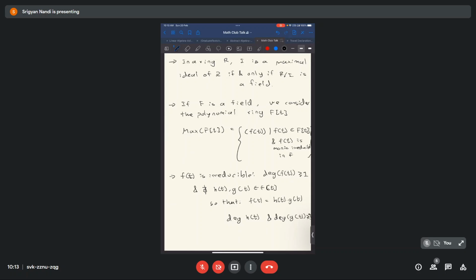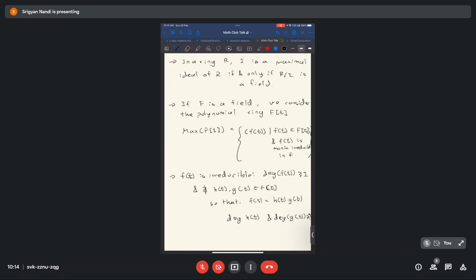Otherwise, there is always a trivial decomposition by factoring out a scalar from the field. So here we basically say that f(t) is irreducible if it is of degree greater than or equal to 1, and it cannot be expressed as the product of two polynomials with degree greater than or equal to 1. And that is more or less intuitive from the very word irreducible. So, yeah, the maximal ideals of a polynomial ring over a field F are precisely the principal ideals generated by monic irreducibles in F.